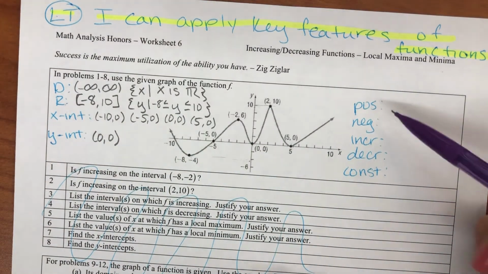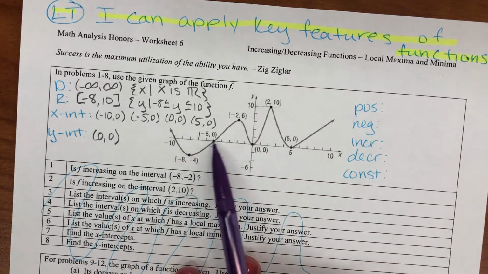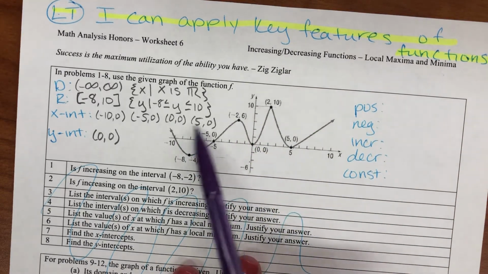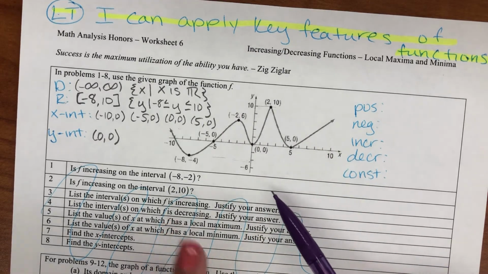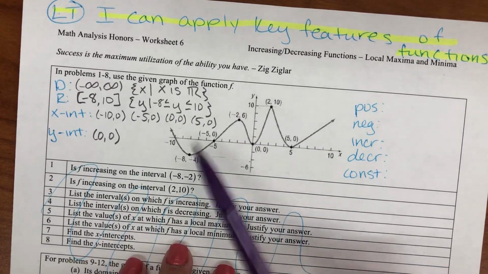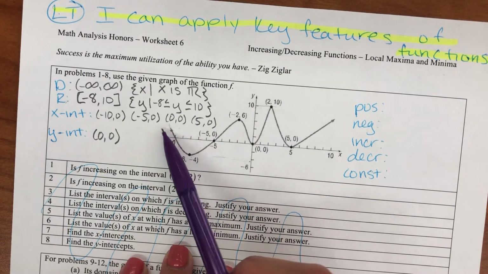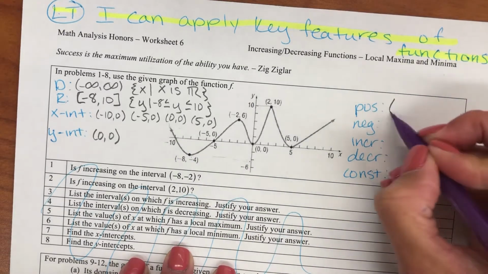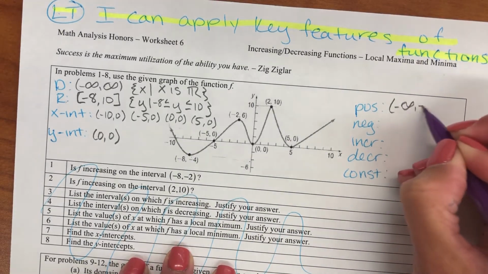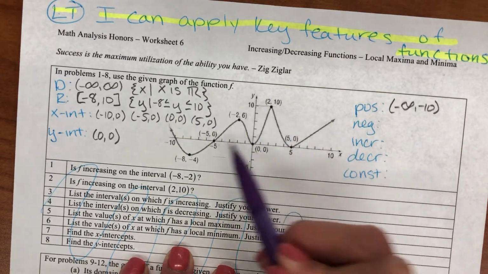Moving on to positive intervals. Positive is anything above the x-axis, so all of this area above the x-axis. So I see two of them here. Here's the first one here, so that would be from negative infinity to -10. And this is all one piece, so all one interval here.